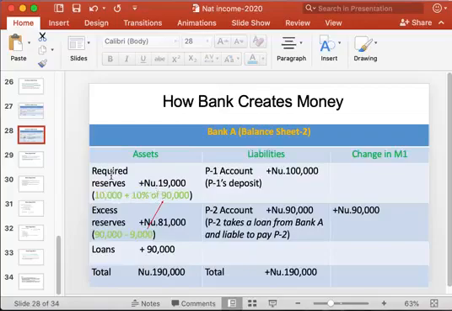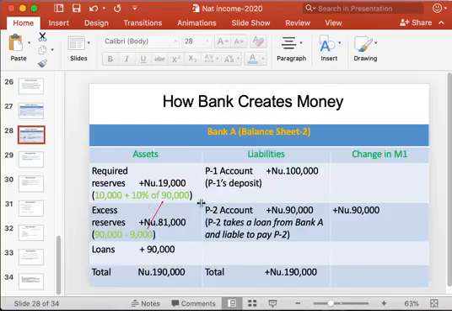If, for example, in this case the required reserve ratio is 5%, then the required reserve will change from 10,000 to 5,000 plus 4,000, 4,500.